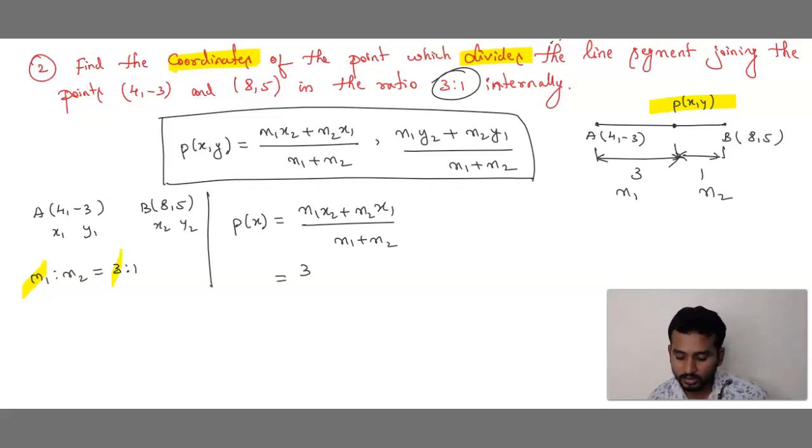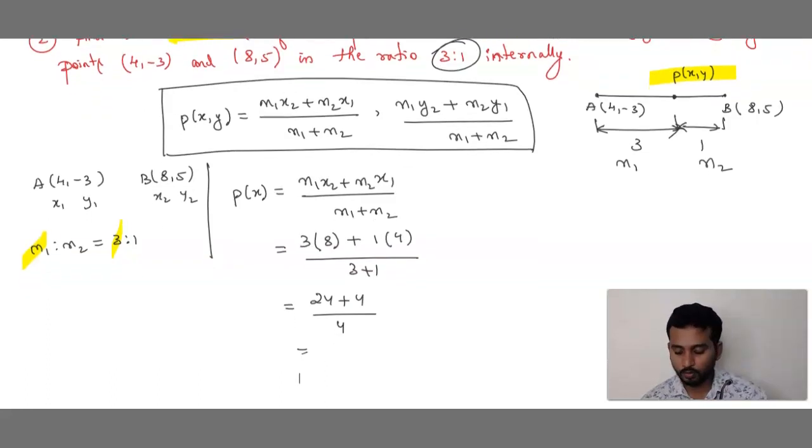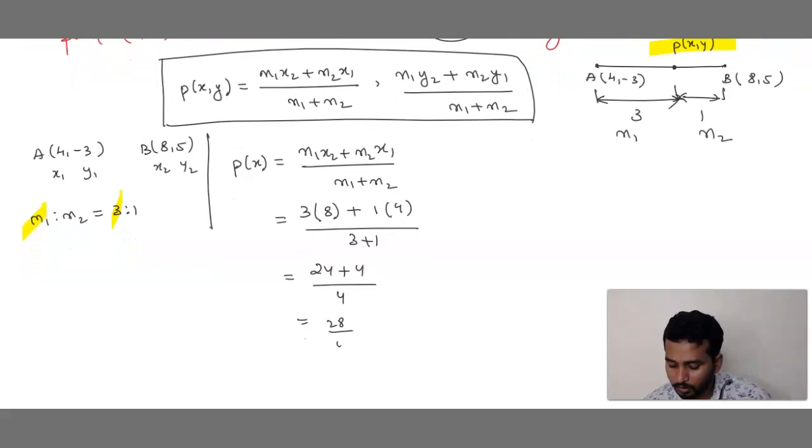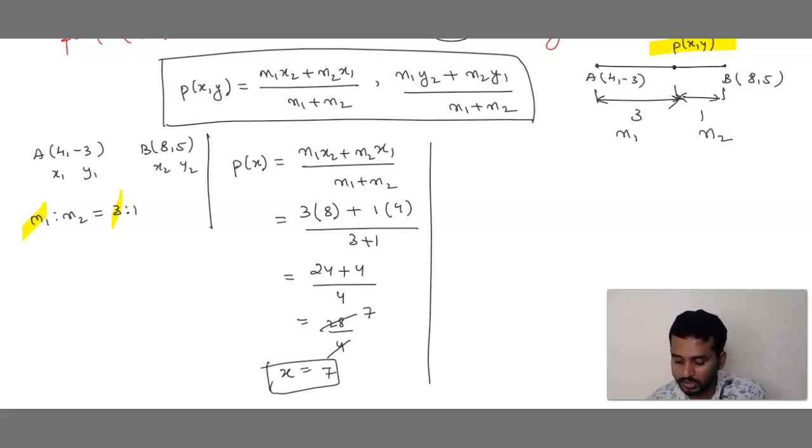Just substitute, that's it. m1 is 3, x2 is 8, plus m2 is 1, x1 is 4, by 3 plus 1. 8 3s are 24 plus 4 1s are 4 by 3 plus 1 is 4. 24 plus 4 is 28 by 4, 7 4s are 28. Correct? So what is the x value? That is 7. So this is x coordinate.